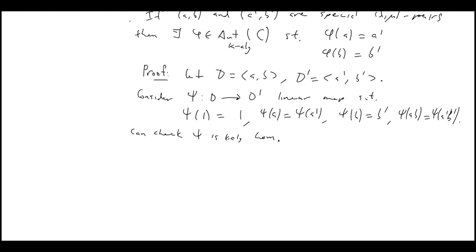So we have this K-algebra homomorphism, but in fact this is also an isometric embedding, because the definition of special pair gives us all of the angle relations between the vectors, for lack of a better way to put that.